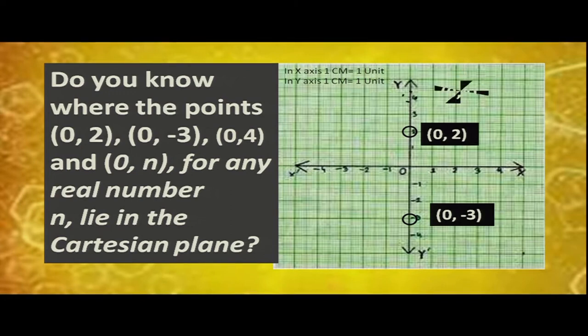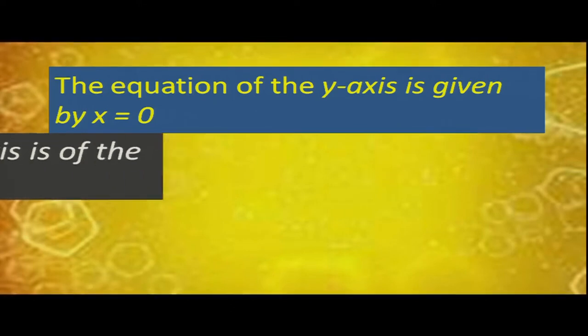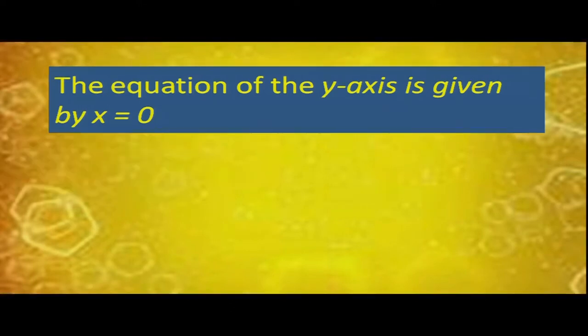And where is (0, -3)? It also lies on the y-axis, and (0, 4) also lies on the y-axis. So the equation of the y-axis is given by x = 0, because on the y-axis, x is always 0, whatever be the value of y.